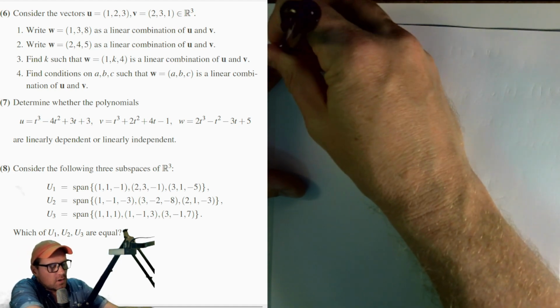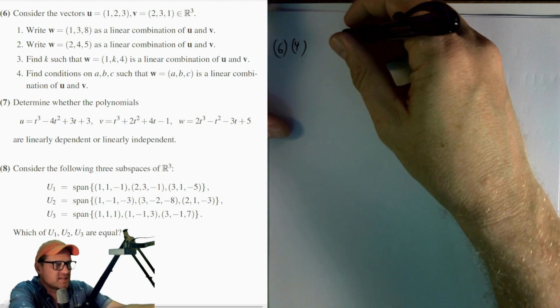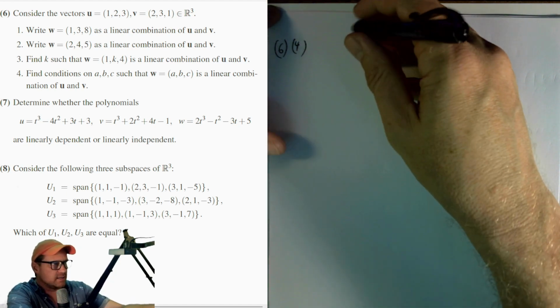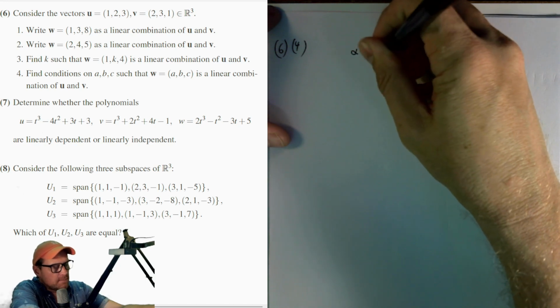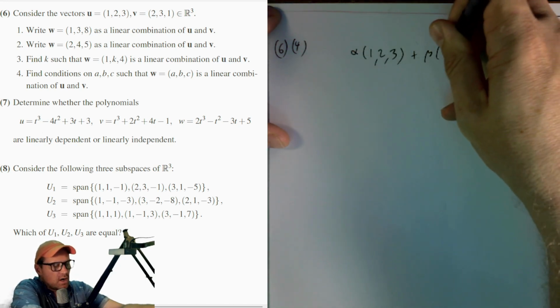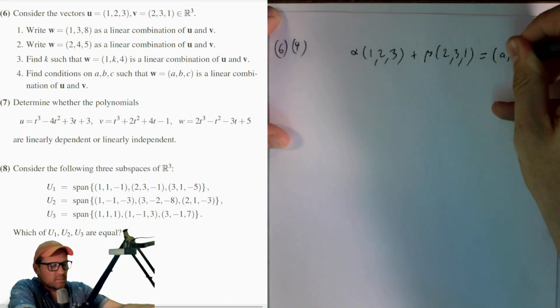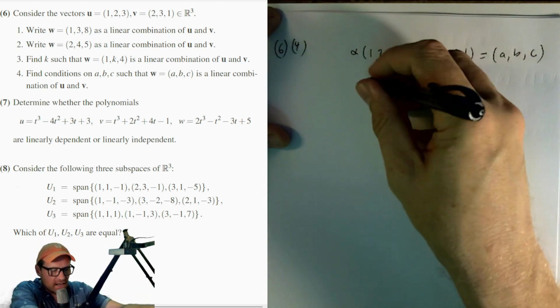Okay, part 4, find conditions on A, B, C such that (A, B, C) is a linear combination of U and V. So alpha (1, 2, 3) plus beta (2, 3, 1) is equal to (A, B, C). Okay, again, this gives 3 scalar equations.